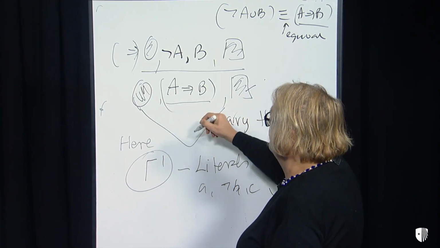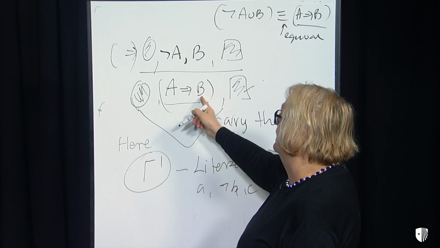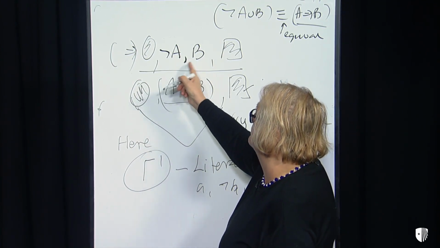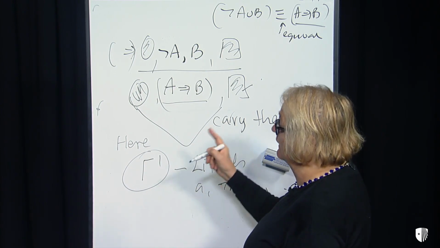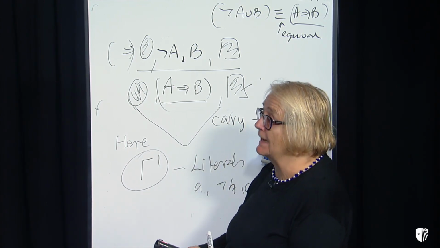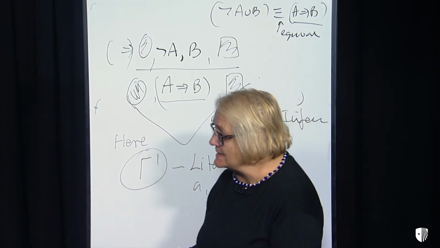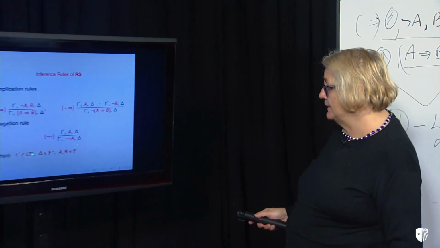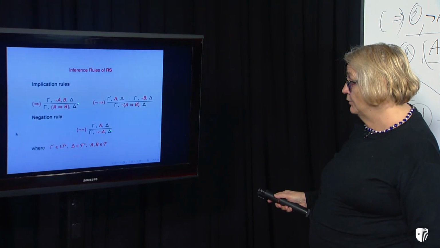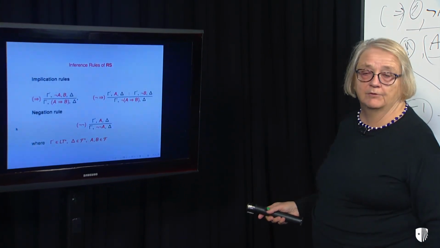So you can see this is the first formula, these are the first formulas which are not literals, which are not variables. That is a syntactic structure, and it's nicely written here: gamma prime is the sequence of literals, delta is any formula, and A, B are any formulas.